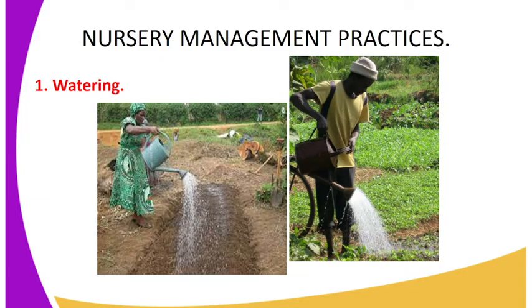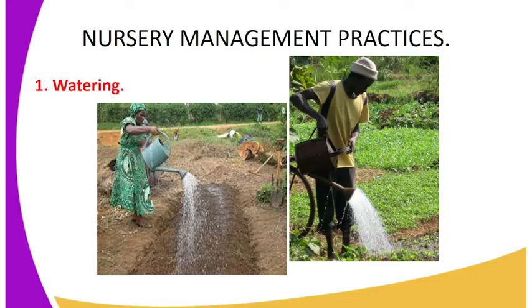On the left hand side, we have a lady who is watering the nursery using a watering can. Remember, water is very important because it is absorbed by the seed, thus breaking the seed dormancy so that they can germinate.